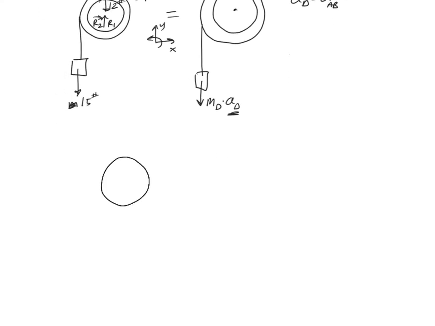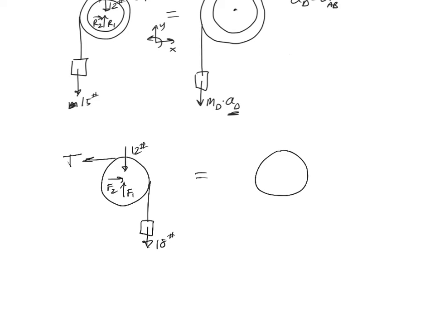C. And attached to it is the 18-pound weight. I've got reactions here from the pin, so I'm going to call that F1 and F2. I've got 12 pounds from the weight. And I've also got that tension that again had to be cut.